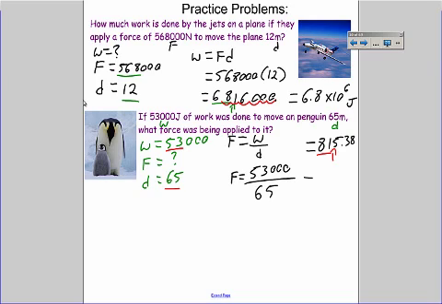Our answer here can either be 820, which only has 2 significant digits, or, also okay, 8.2 times 10 to the 2. Remember to include your units. Force always has units of newtons.